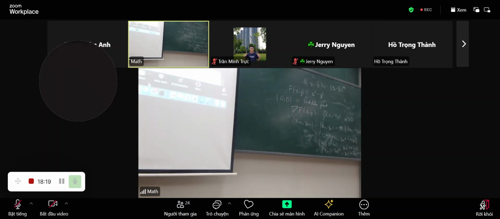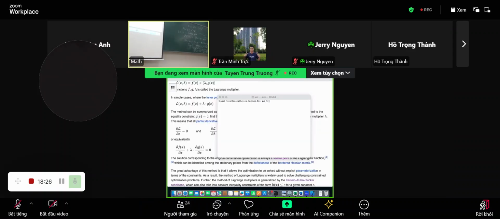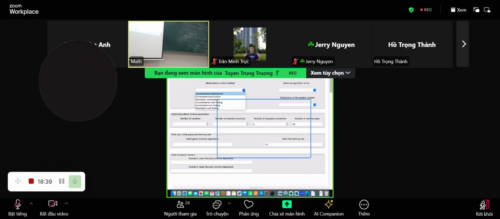Okay, so let's see what happens if we apply these methods to this function. We want to do unconstrained optimization. We don't need to care about this.